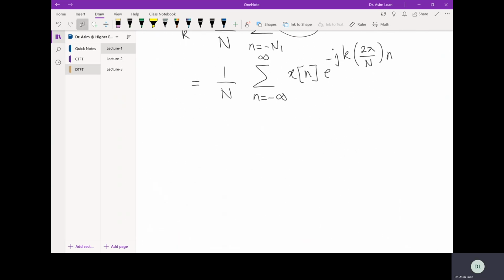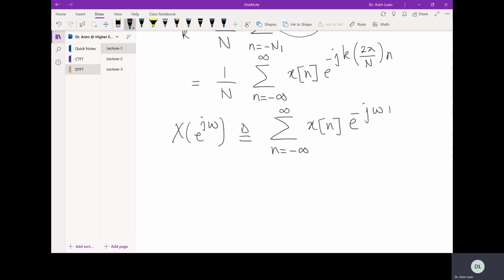Let me define x of e to the j omega, just like we defined x of j omega, as the sum from n equals minus infinity to plus infinity of x of n e to the minus j omega n.